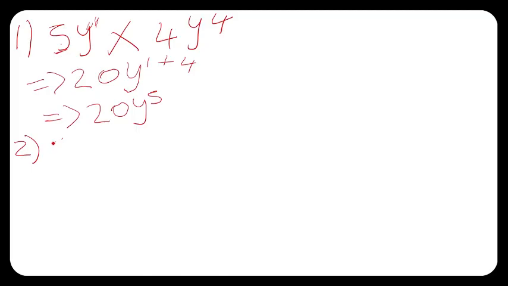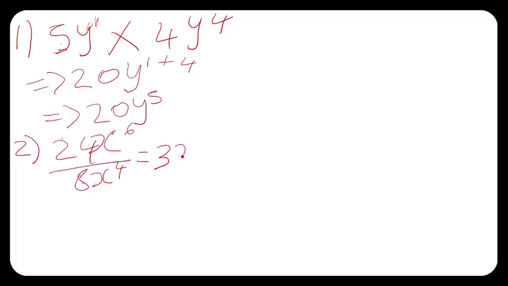So to the second question, 24x is to power 6 divided by 8x is to power 4. So we'll do 24 divided by 8 first. 24 divided by 8 will give us what? 3.